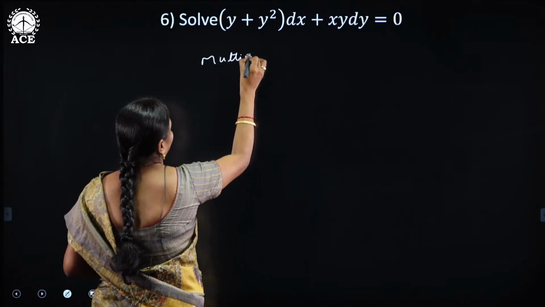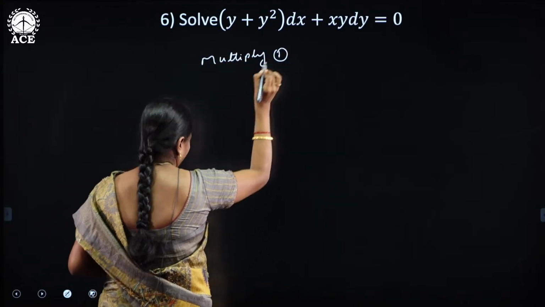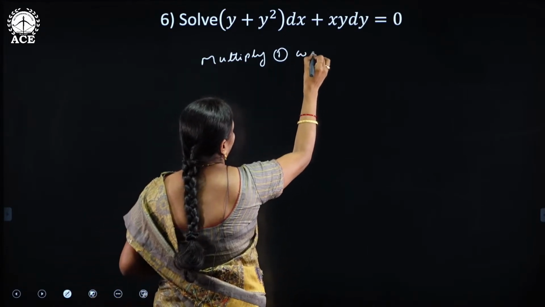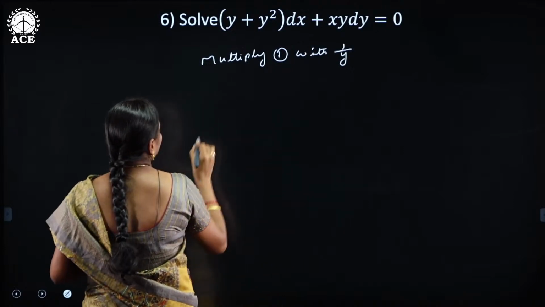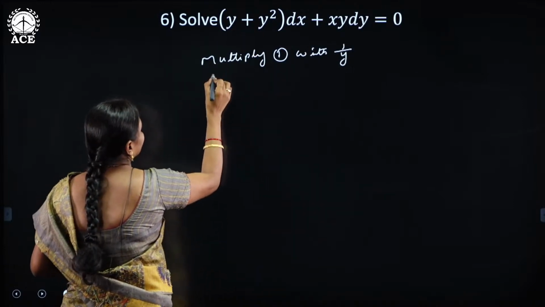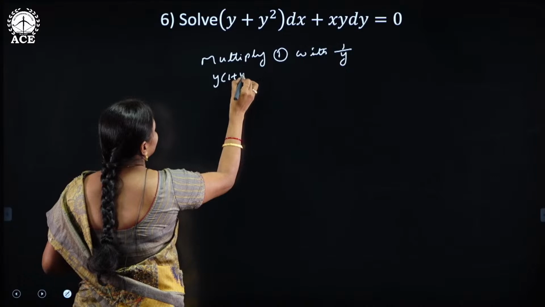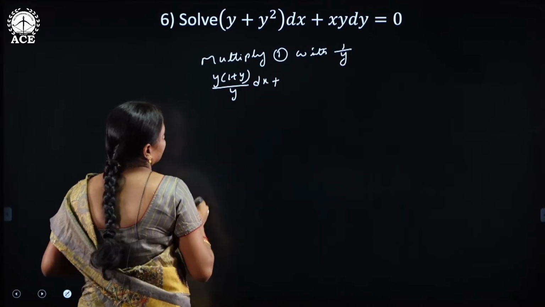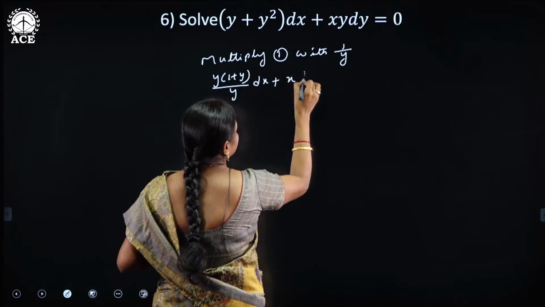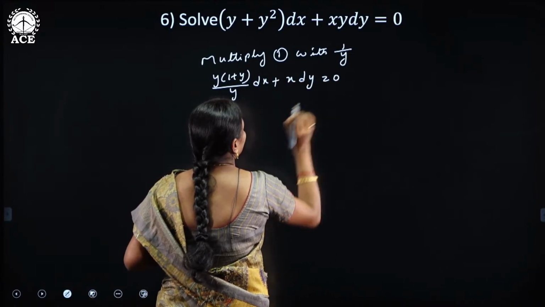Now multiply equation 1 with 1 by y. If you multiply with 1 by y, how to write the numerator? y into (1 plus y) by y into dx plus, again y gets cancelled, x into dy is equal to 0.